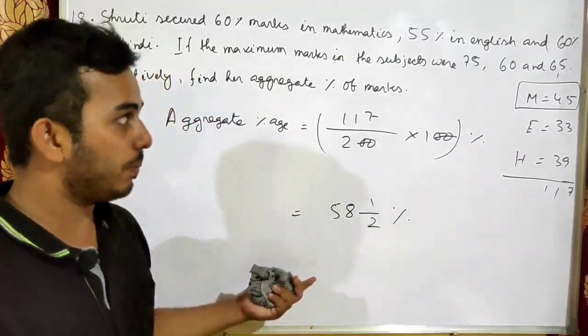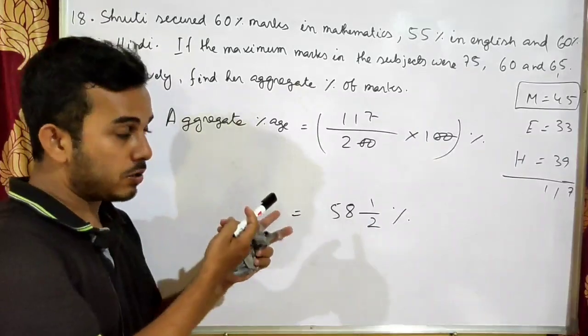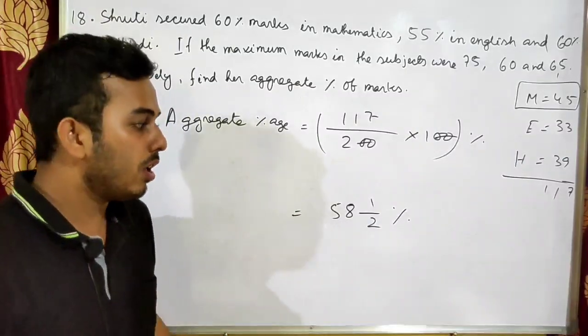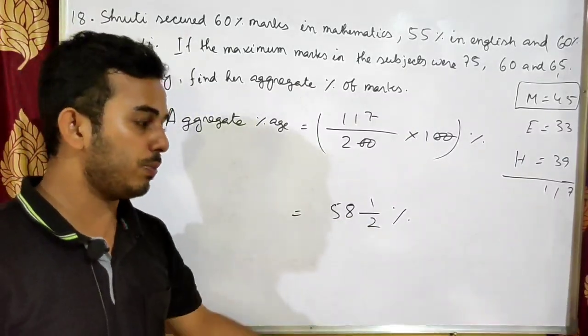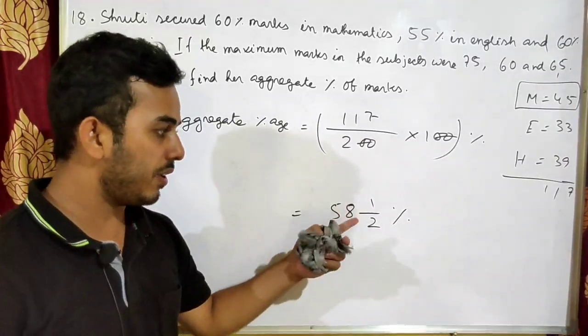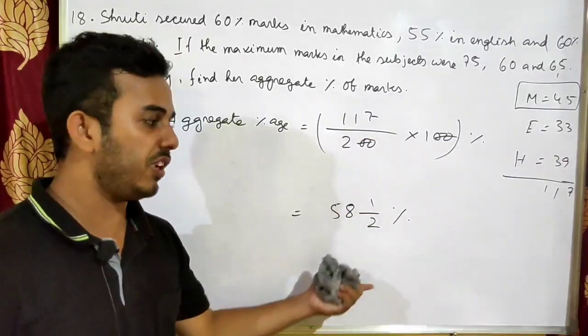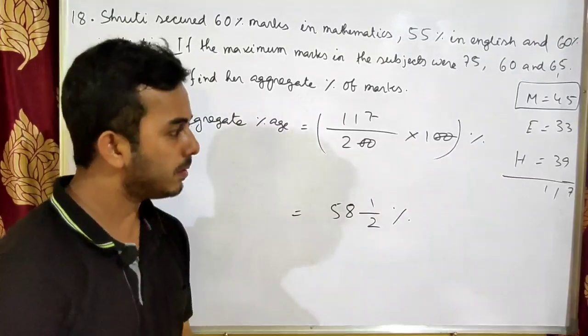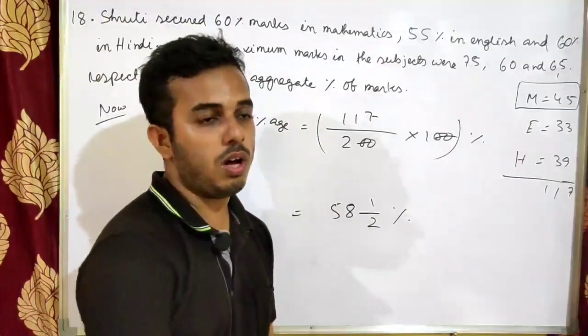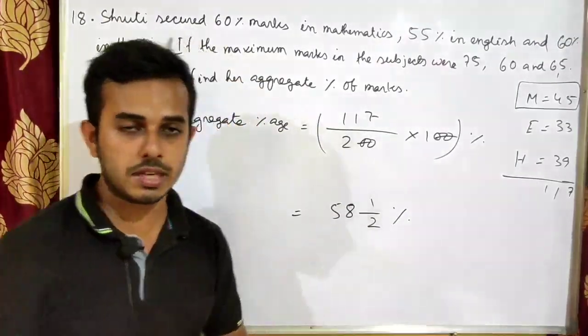Then we found the aggregate percentage, that is marks obtained by total marks into 100, which is 58 and 1 by 2 percentage. You can say 58.5% also, no problem. So this is clear to you. I hope this is clear to you, right?